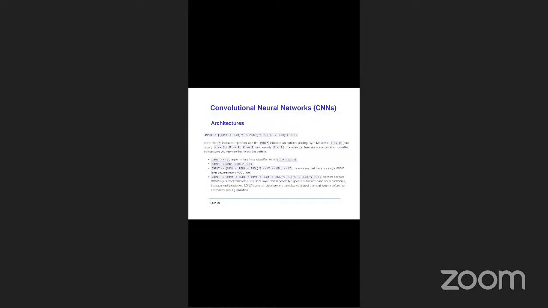So the architecture of the convolutional neural network consists of convolution, ReLU, pooling, and again convolution, ReLU, pooling. Finally, we will get the fully connected layer.